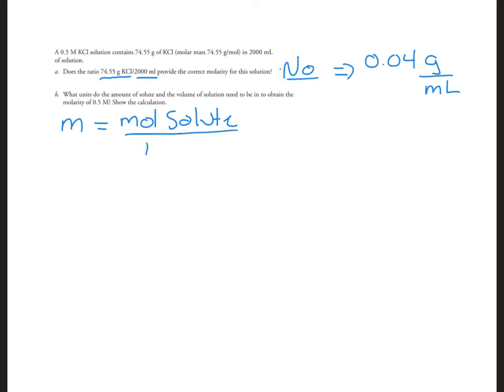And we need liters of our solution, right? So our 74.5 grams of potassium chloride, we would first need to change that into moles. And remember, you need to use the molar mass for that, okay?